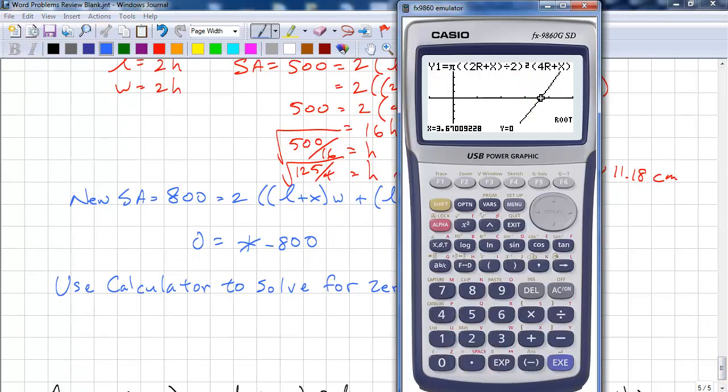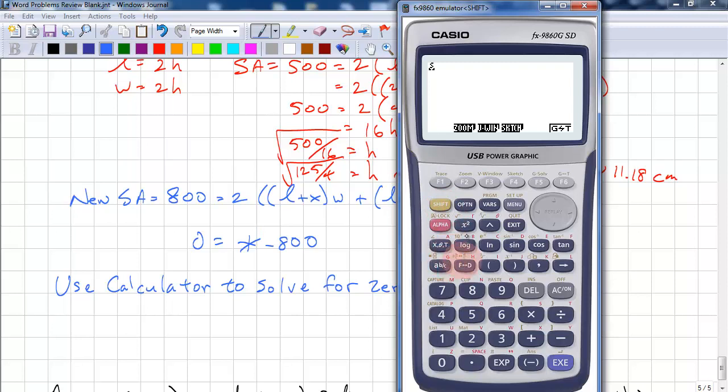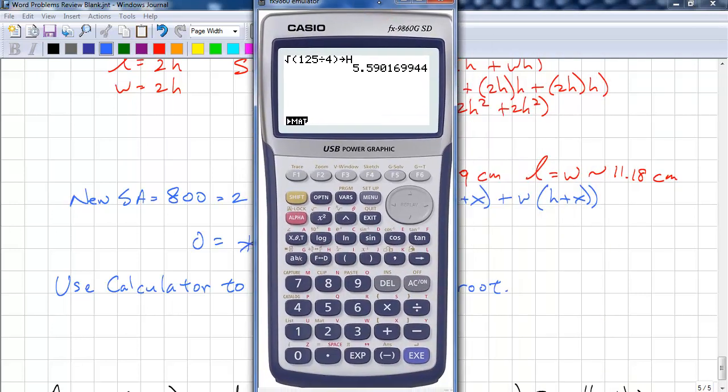Let's bring up the Casio first this time. We need the square root of 125 divided by 4, and store into H. And L is going to be 2H. W is 2H as well.